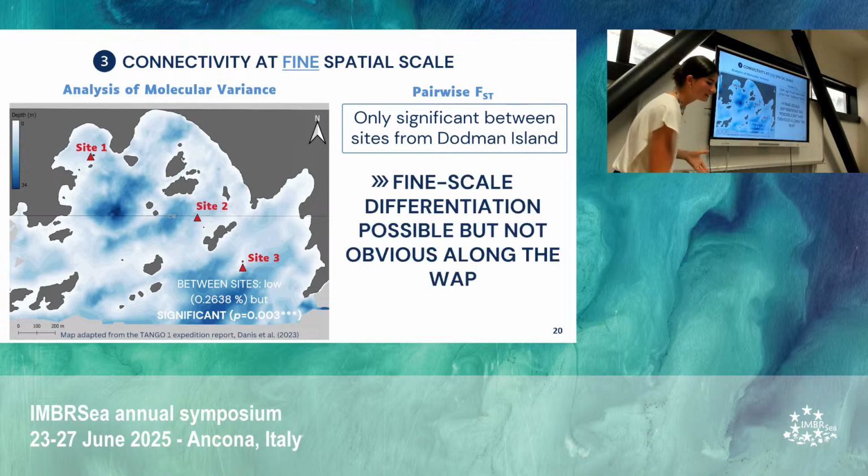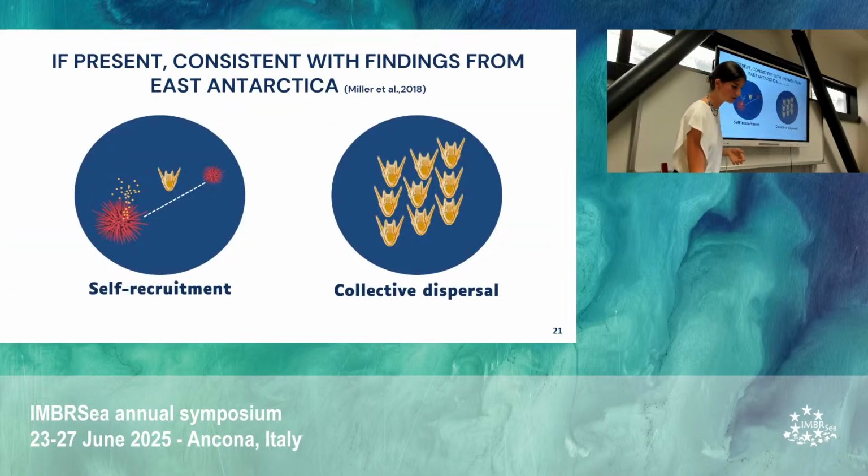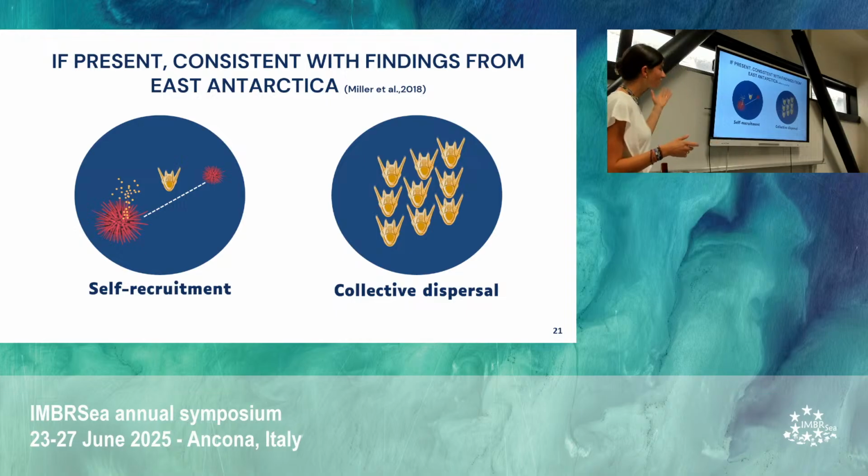We concluded that fine-scale differentiation along the Western Antarctic Peninsula is possible, but not obvious regarding those results. But we might have reasons that this fine-scale genetic structuring can be present, because indeed in East Antarctica the authors highlighted that the species was largely self-recruiting, which means that larvae produced at one point tend to settle close to the place where they were born and did not travel that much over large distances.